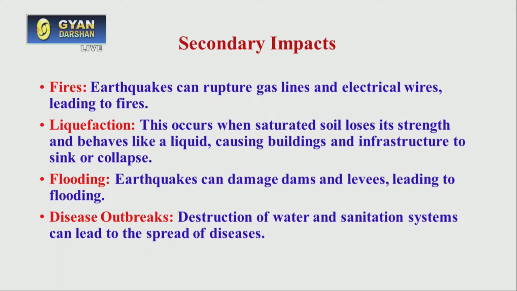Then secondary impacts are fires, as I discussed in the secondary hazards, basically. Then liquefaction, then flooding, and another one is disease outbreak.